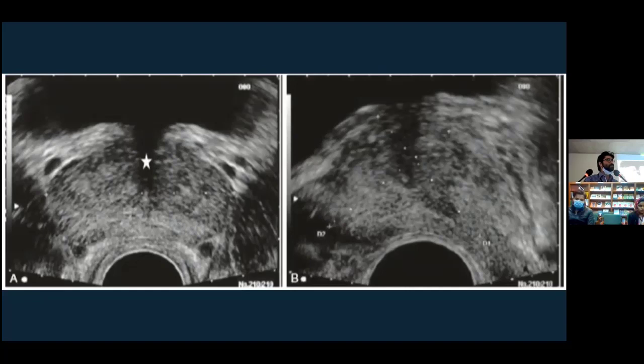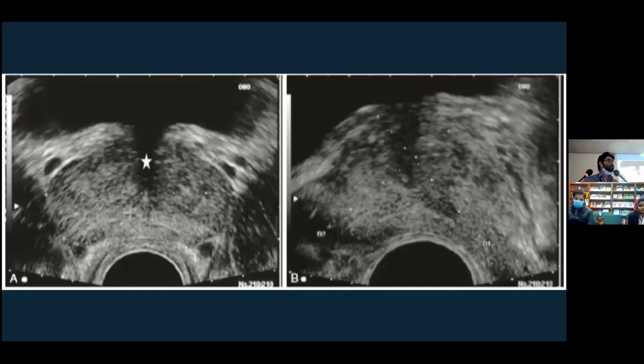Now, the second step would be that you want to access the kidney through the upper pole, lower pole, that is upper calyx, middle calyx, or lower one. That will be followed then with the biopsy. How would you take the biopsy from the kidney?